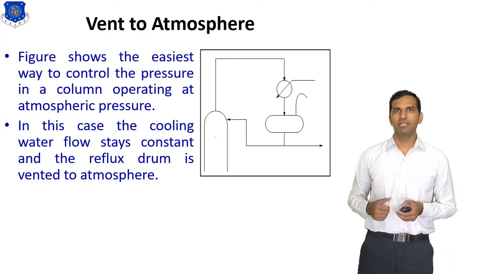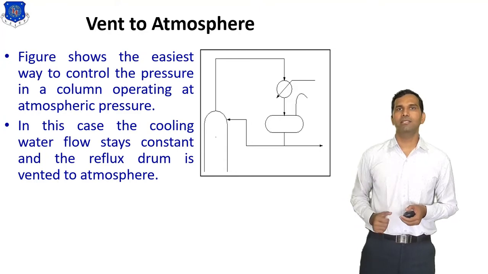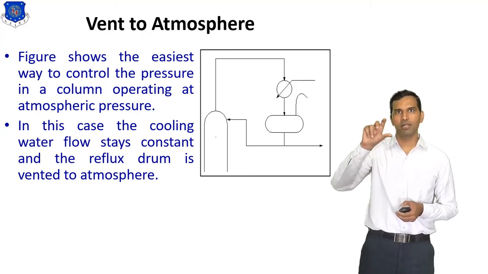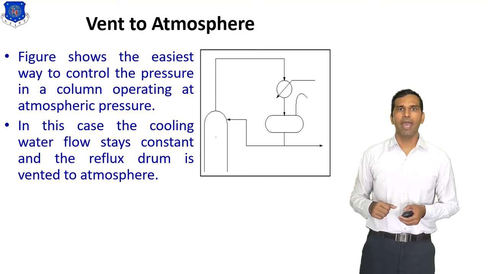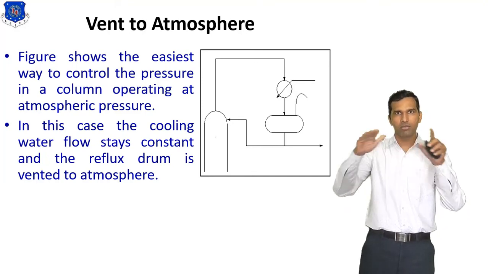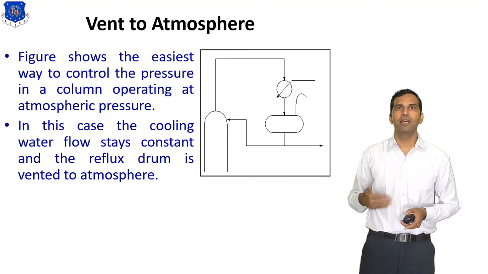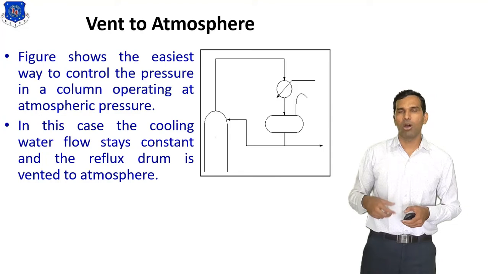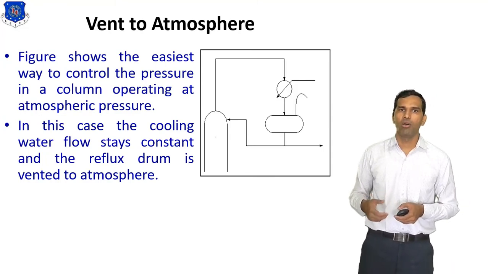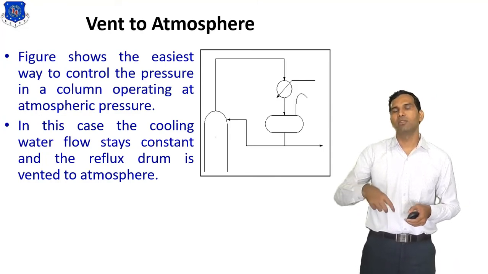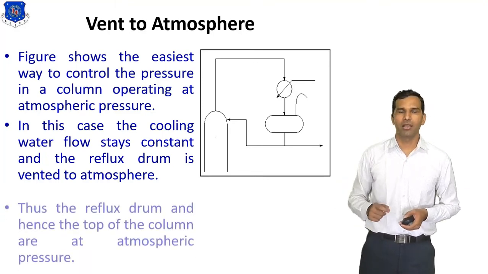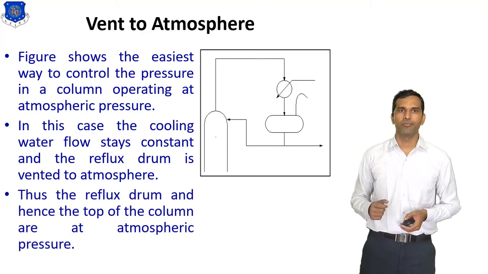This is a very simple scheme compared to the other schemes. Here you can see the condenser, and next to the condenser the accumulator, or reflux drum. Some vapor is vented to the atmosphere, so we can control the pressure inside the column.